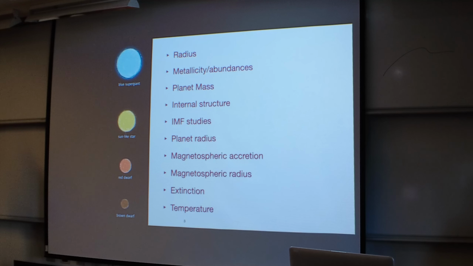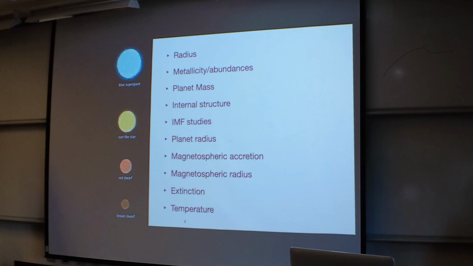So the mass sets many of the physical properties in a star, and it will also indirectly influence so many other studies in the areas of astrophysics. So it's very important that we have a reliable way of measuring masses, with very precise mass measurements.